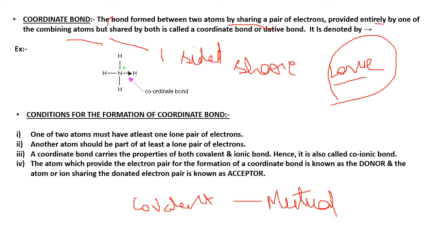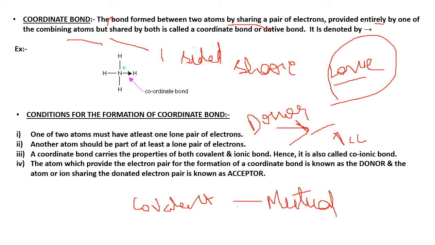This lone pair of electrons is represented by an arrow, like this. When the lone pair of electrons of a coordinate bond is shared, that is represented by an arrow. The head part represents the acceptor atom, which accepts, and the tail part tells about the donor atom, which shares.